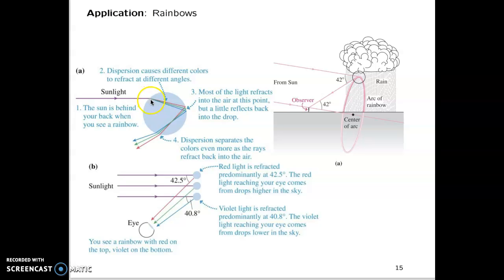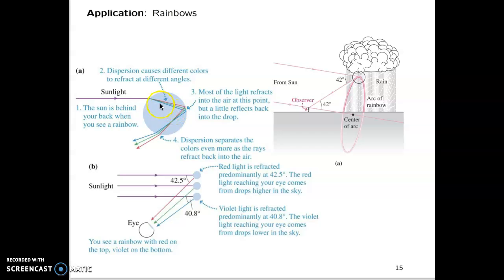And so what happens when the white light refracts, it will be bent at different angles depending on color. The bluish light will tend to bend more, the red light will bend a little bit less. Okay, so just like with the prism example that we went over previously, the light will tend to disperse and break up into these different colors.